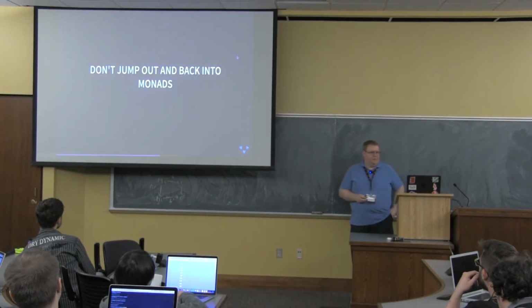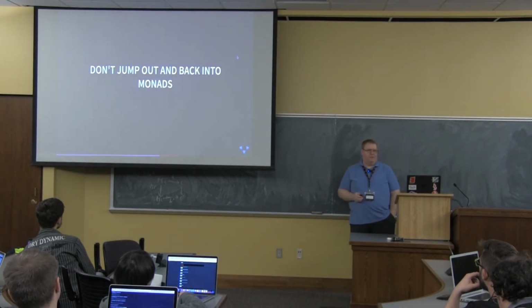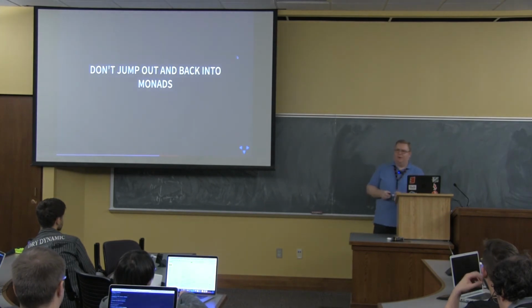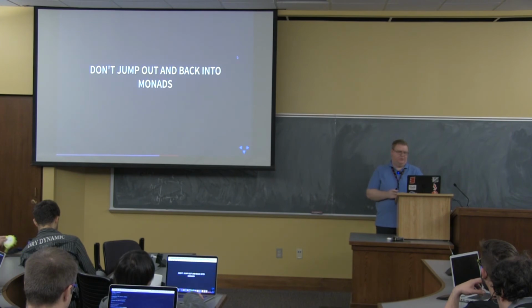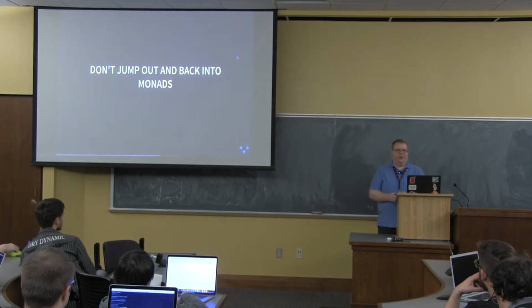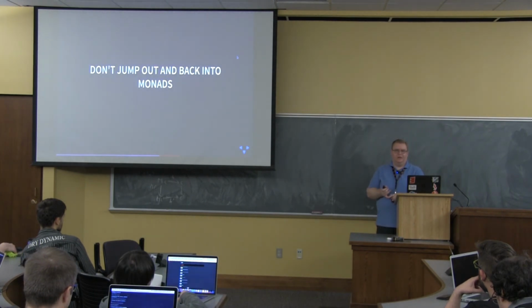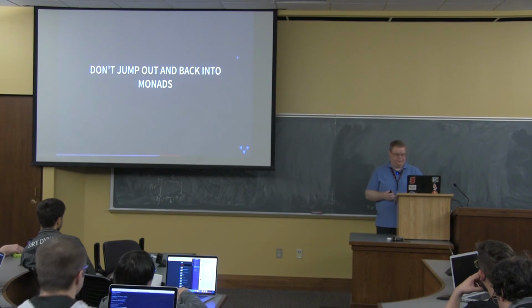All right. Don't jump out and back into monads. So I promised this was going to be a very beginner level talk. You don't need to know what a monad is. By that, I just mean types like options and lists and futures.